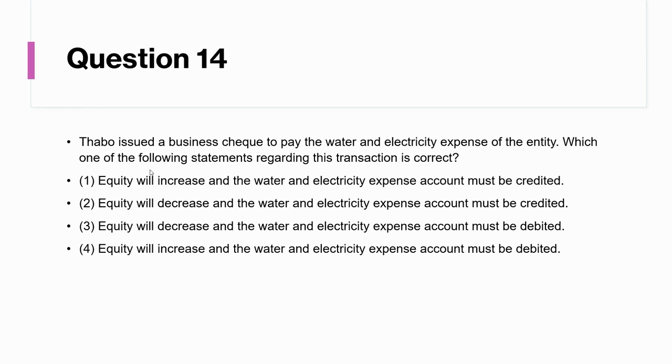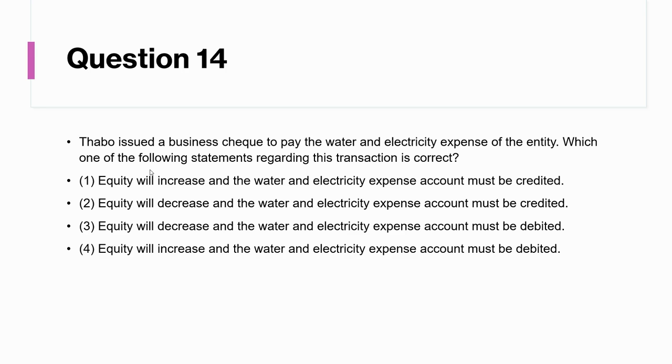So we must look for the solution where our equity and assets are decreasing. The first one says equity will increase, wrong. The second one says equity will decrease, yes, but the water and electricity expense account must be credited, it's wrong, because expenses are increased on the debit side.